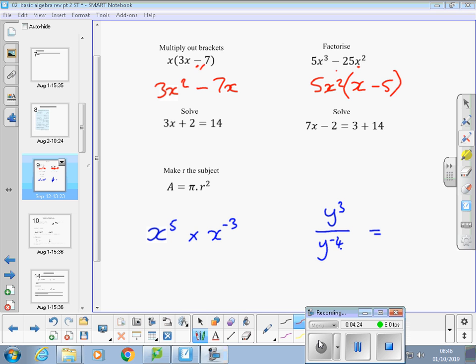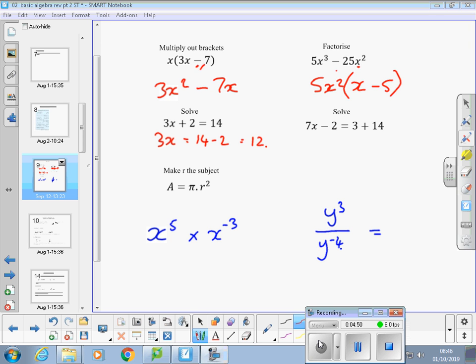What about solving 3x plus 2 is equal to 14? So you can do 3x is equal to 14 minus 2, which is 12.